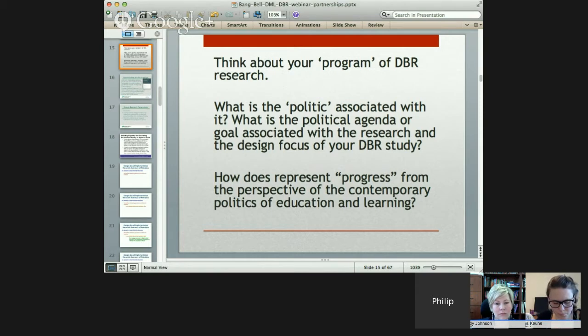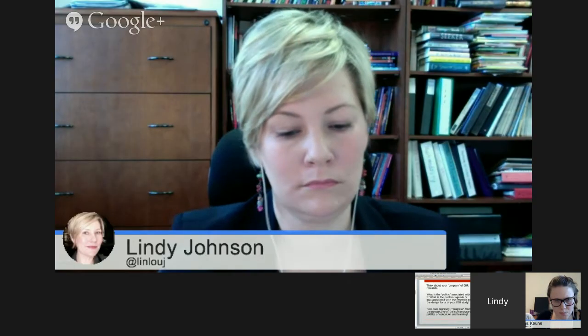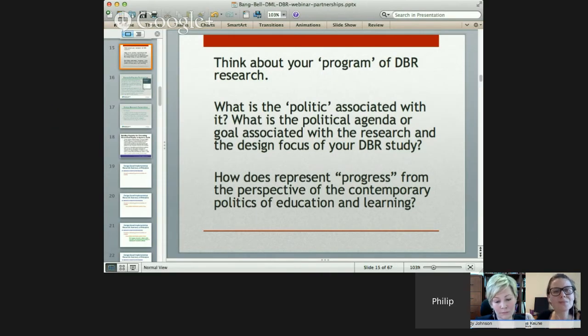And so there are some really different kinds of orientations that open up in DBR work. I often think that part is a part of the kind of DBR work that I do. But I definitely have lots of colleagues that are PAR researchers that are not after foundational understandings of learning.